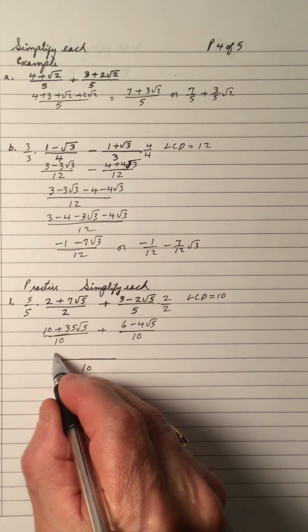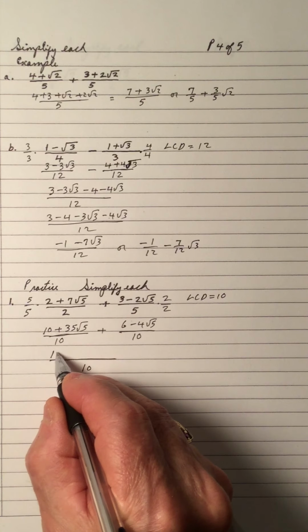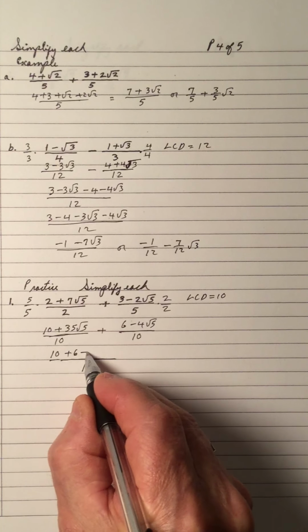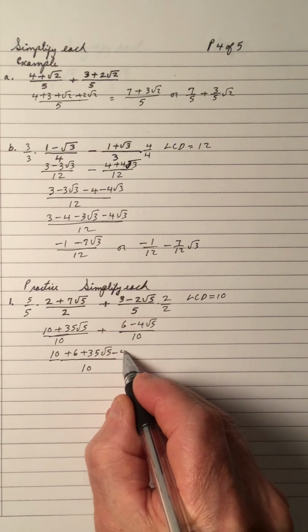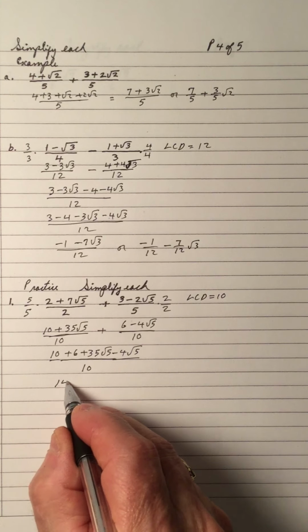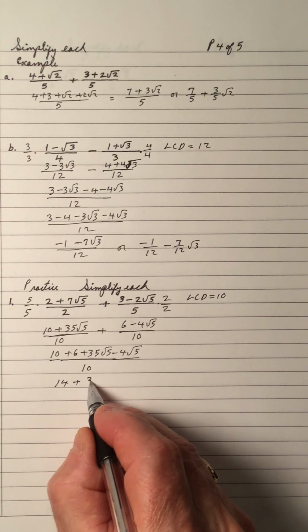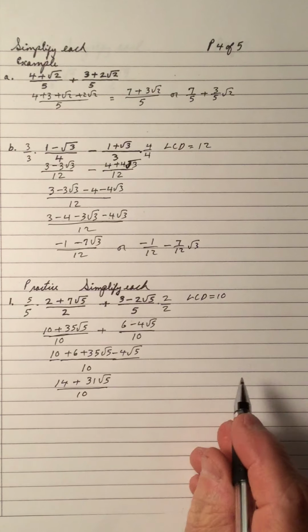Common denominator is 10, so we write it down. And we add these together, so let's group the like terms. So that's a 10 plus a 6 plus 35 root 5 minus 4 root 5. And that gives us 14 plus 31 root 5 over 10.